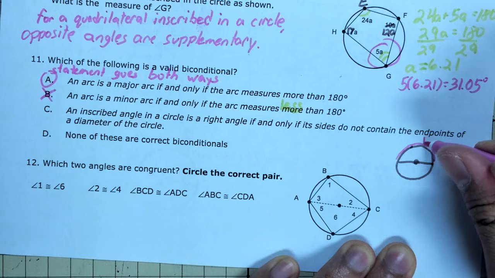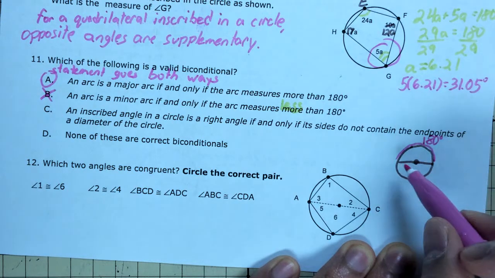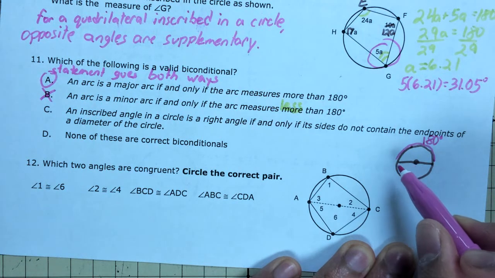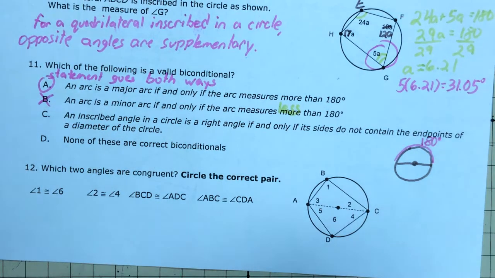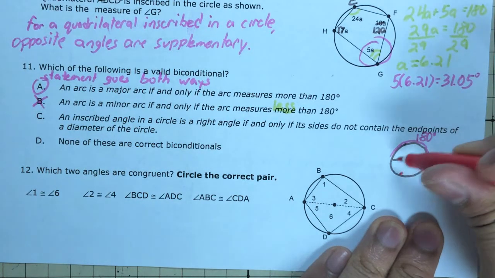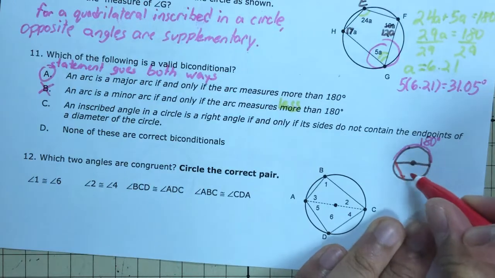This top arc is 180 degrees. We know that because it's a semicircle. A semicircle starts and ends on a diameter. So now let me draw this inscribed angle.